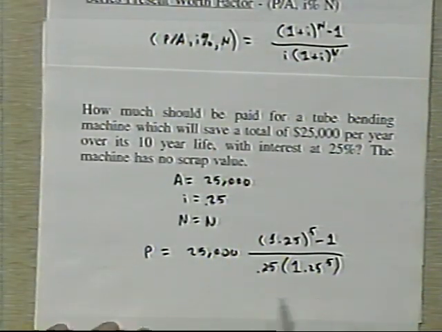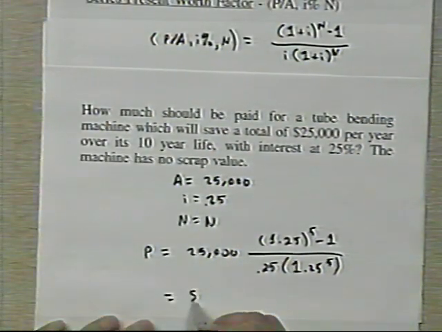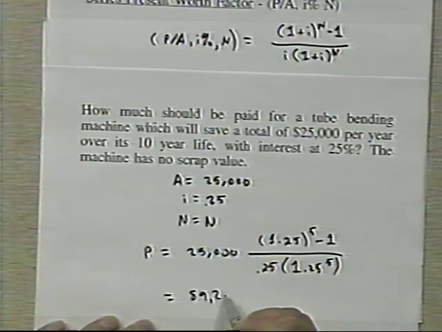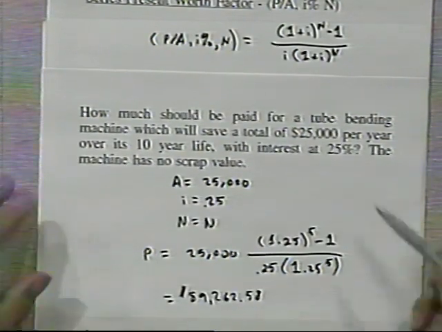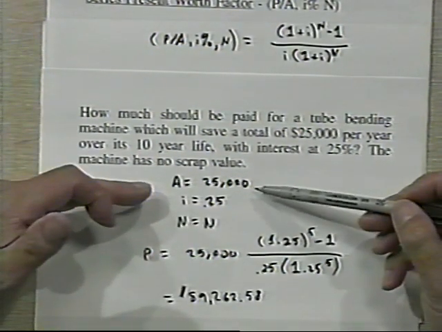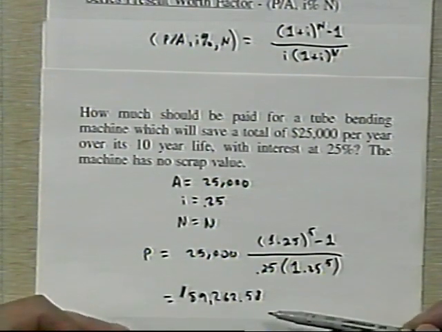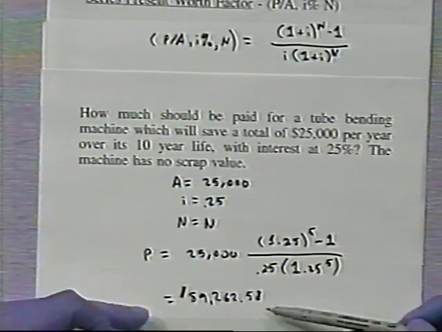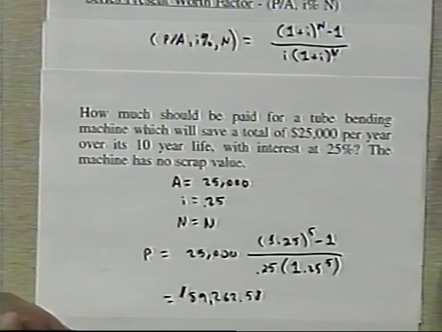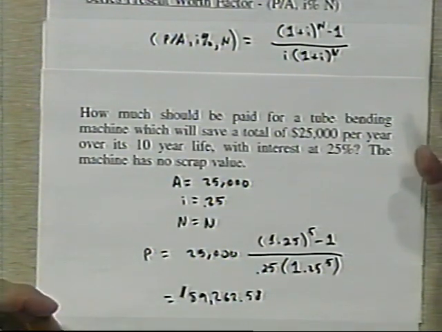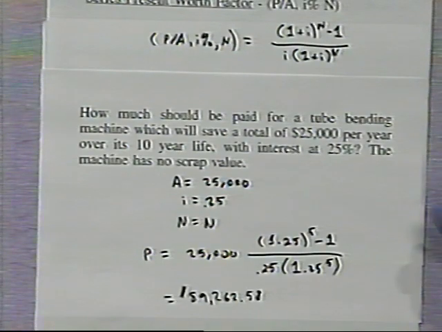And again, if we work that through, that gives us $89,262.58. So in this case, if the savings are $25,000, we wouldn't want to pay more than $89,000 odd dollars. If the tube bending machine costs $90,000 or $95,000, that would be too much. It wouldn't be justified by the savings.